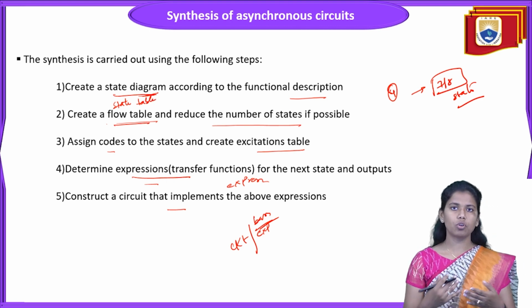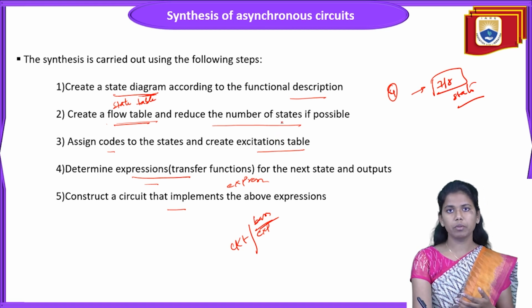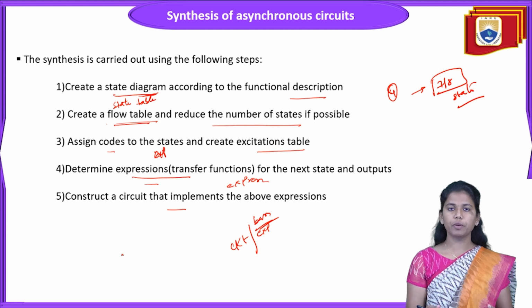And soon after drawing the state table, we go with the excitations of this table, followed by the Boolean expressions with respect to the input and output. From the expressions, we draw the circuit diagram.